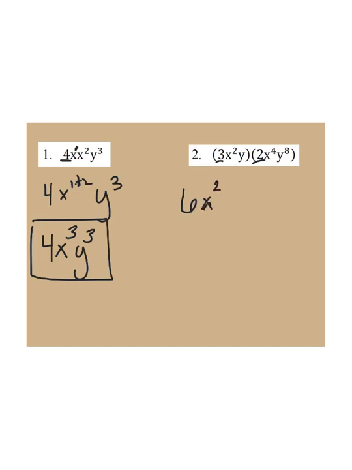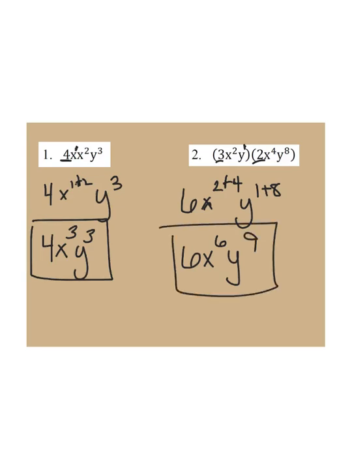So I'm going to get x to the 2 plus 4. And the same thing with the y. Remember, this y has an imaginary 1. So I'm going to get y to the 1 plus 8. If I simplify that, I get 6x to the 6th, y to the 9th. Each variable is written only once. I have no powers of powers, and I have no fractions.